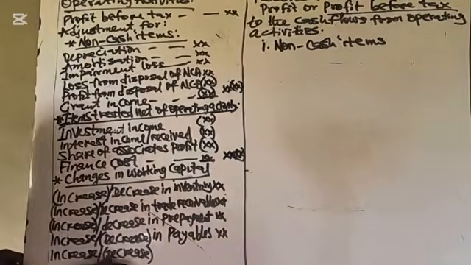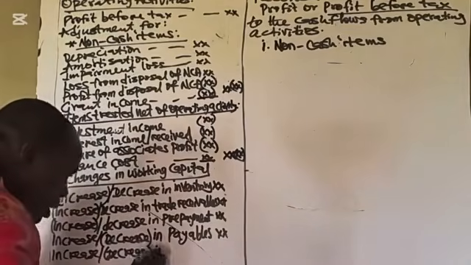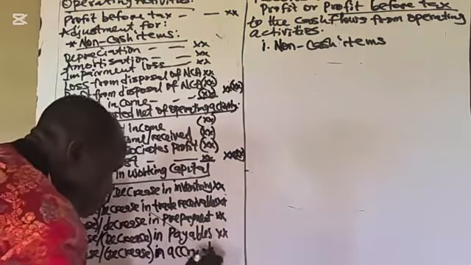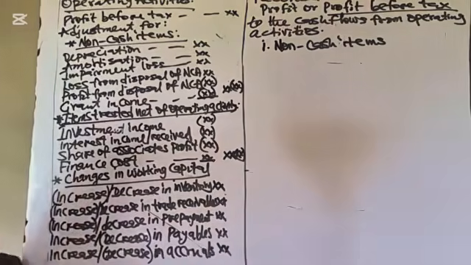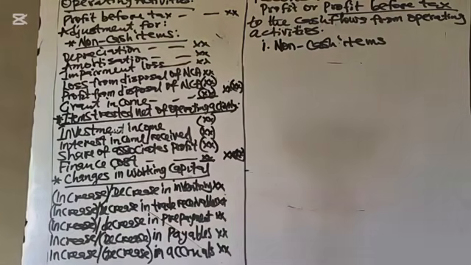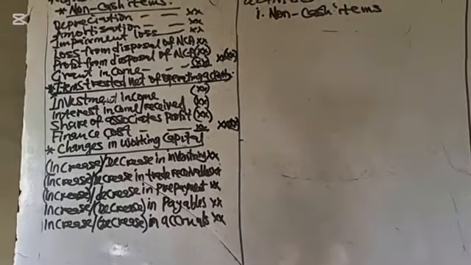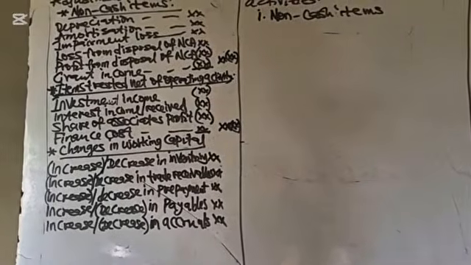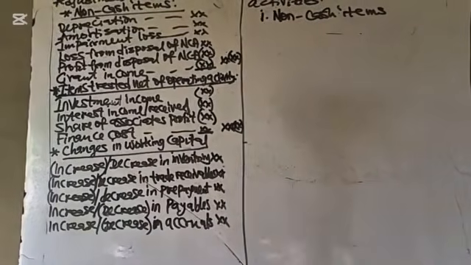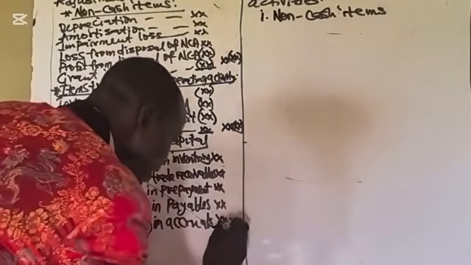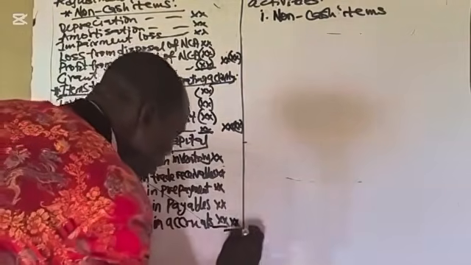Increase or decrease in accruals. Then after all these adjustments, you have the net cash flows. It could be plus, it could be minus.